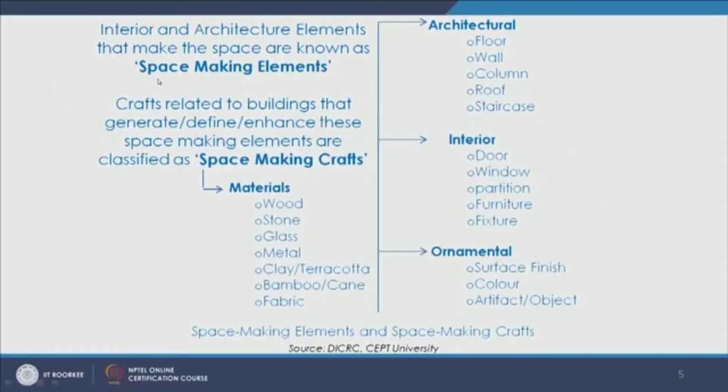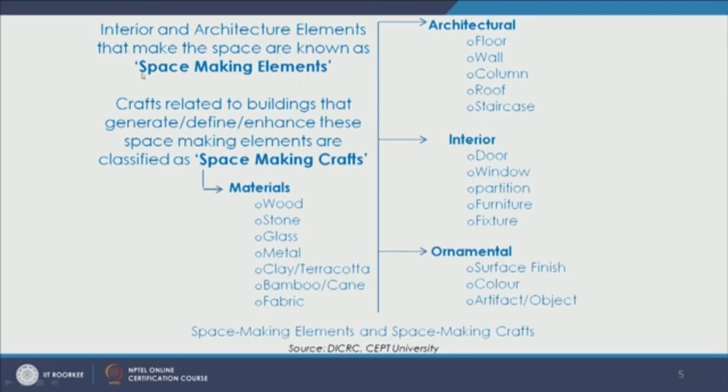So we talked about space making elements, the interior and architecture elements that create the space, and they could be architectural like a floor, wall, column, roof, staircase. They could be interior elements like door, window, partition, furniture, fixture, or they could be ornamental, surface finish, color, artifact or object.